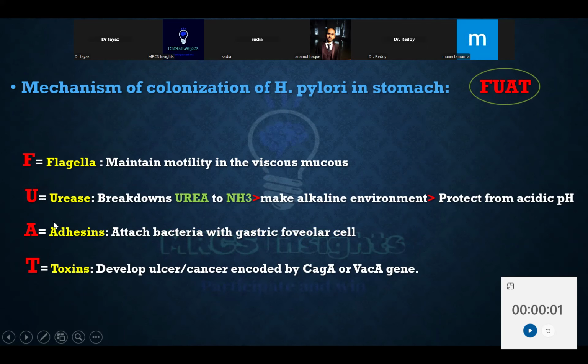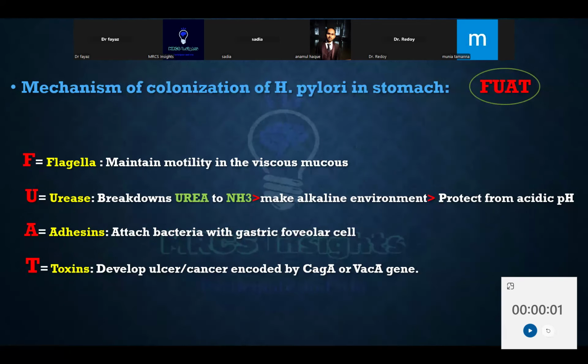F stands for flagella, which maintains motility in viscous mucus, and U for urease, which breaks urea to ammonia and makes the environment alkaline. A is for adhesins, which attach the bacteria to the gastric foveolar cell, and T for toxins, which are responsible for development of ulcer or even cancer in peptic ulcer disease patients.